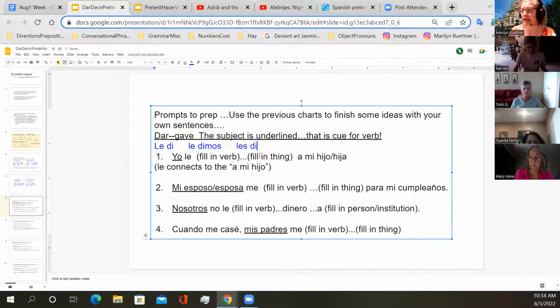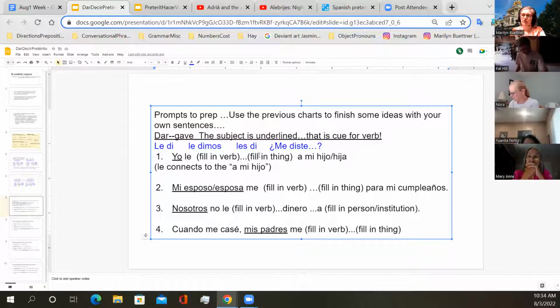Les di, in a question, me diste, did you give me that? Dar is almost always paired up with one of these pronouns. And that is because of the nature of what that verb conveys, that something's being given.